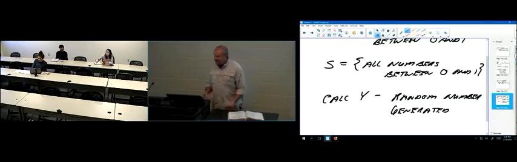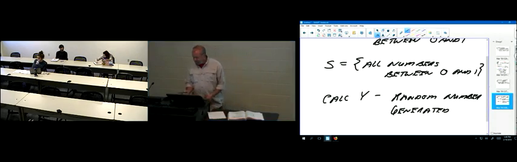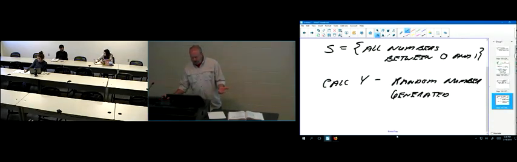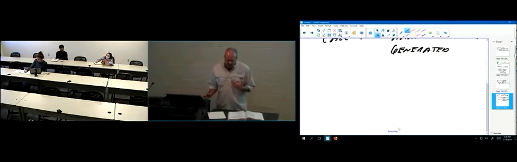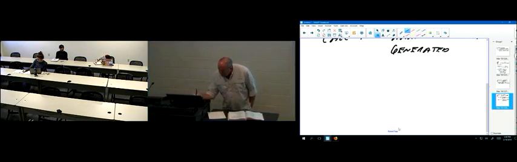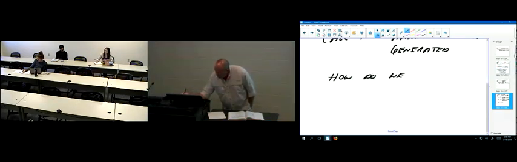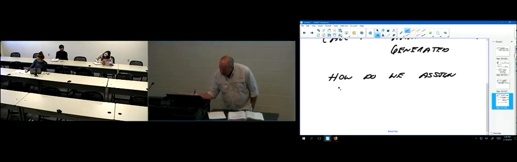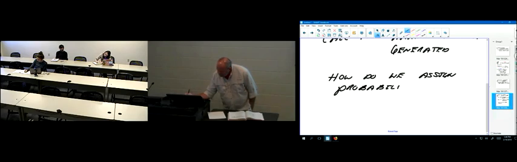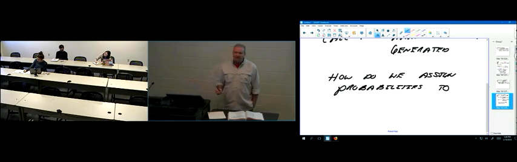So then the question is, with this continuous probability model, there's always supposed to be two parts. There's supposed to be a sample space, and then a way for us to assign probabilities to events or outcomes. The question is, how do we assign probabilities to the following, for example?